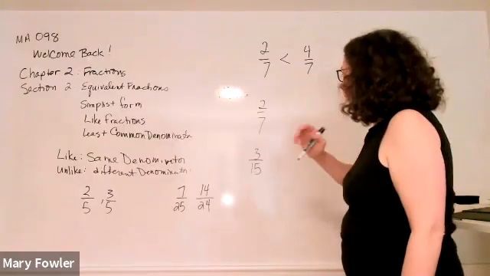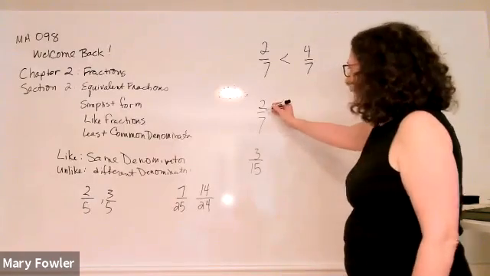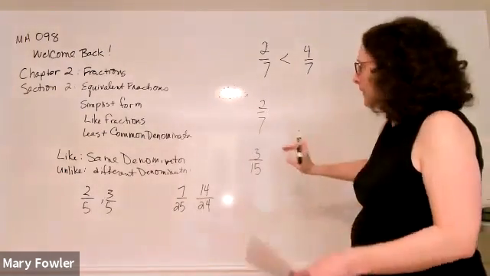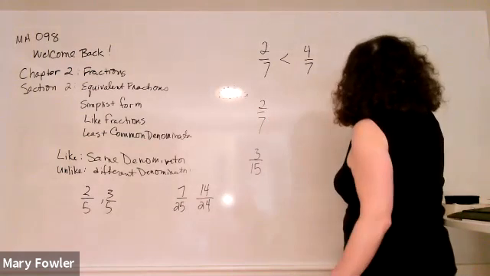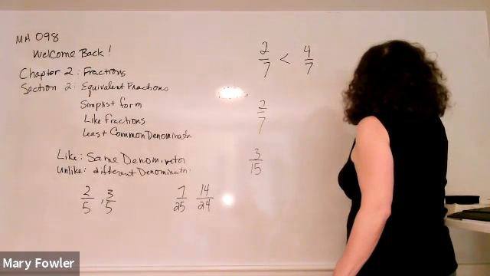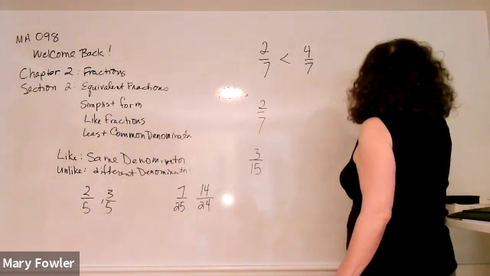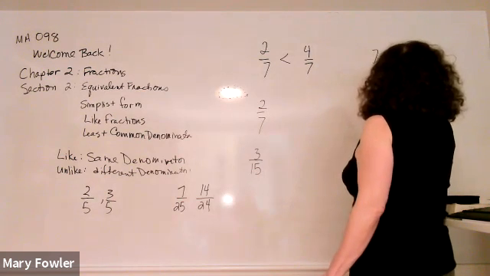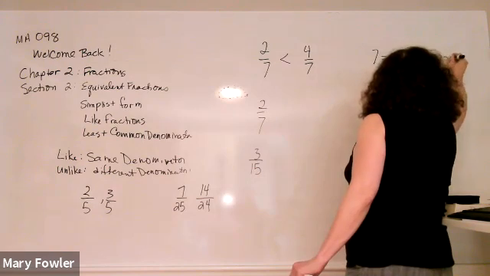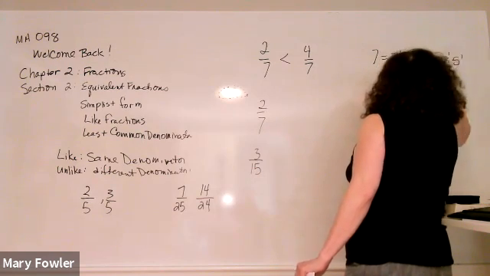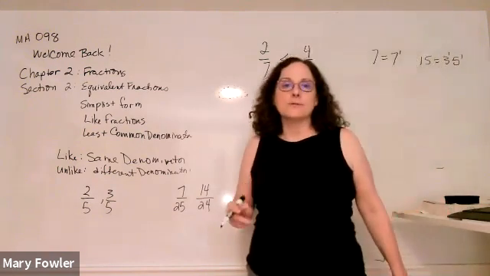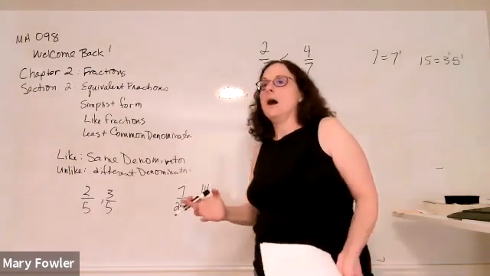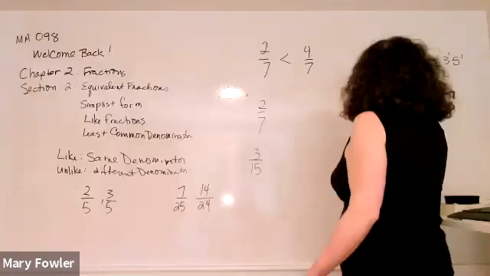All right, so I'm going to write each of my denominators as a product of primes. So 7 is equal to 7 to the 1, and 15 is 3 to the 1 and 5 to the 1. So I want to find the least common multiple.